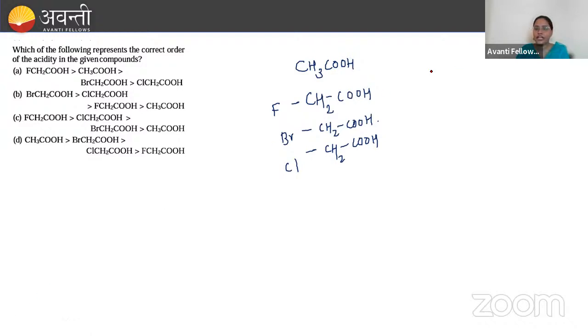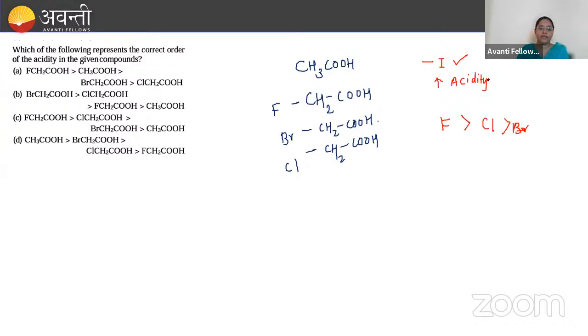If there is an electron withdrawing group which imparts a minus I effect to a given compound, it increases the acidity. Fluorine is the most electronegative element. You know the electronegativity sequence: fluorine, then chlorine, then bromine.